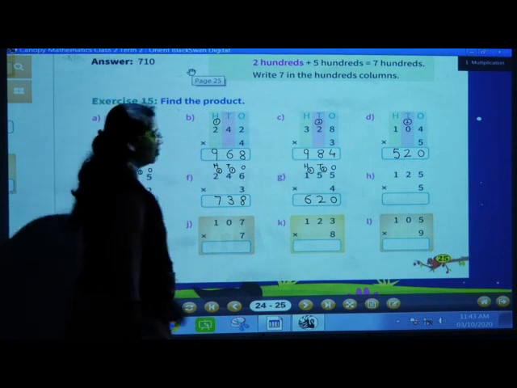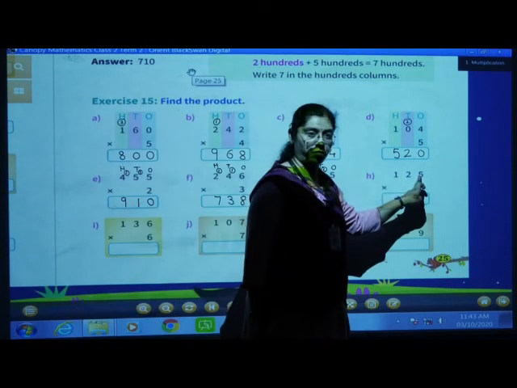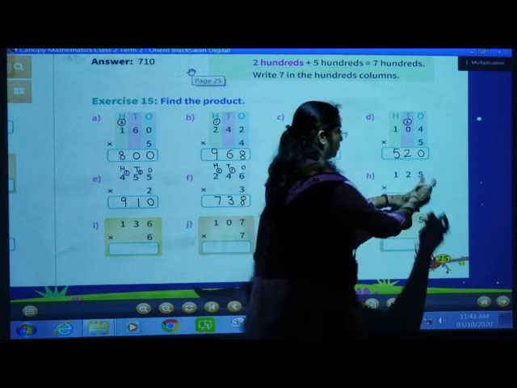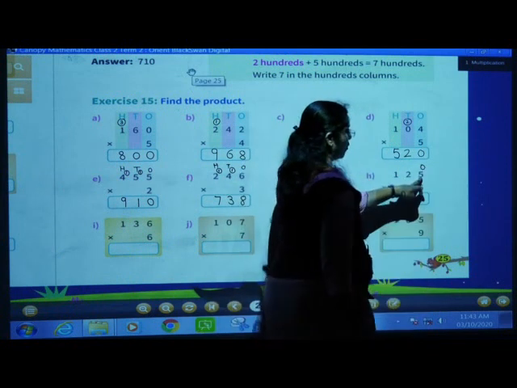Next, 125 multiplied by 5. What is the place value of 5?